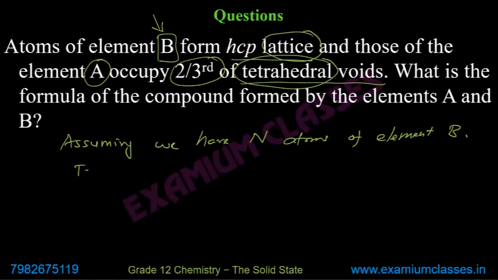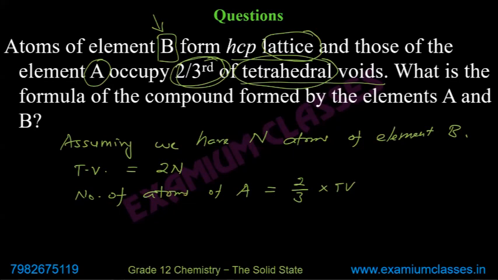Then tetrahedral voids will be 2n, but only 2/3 of these are occupied. It means the number of atoms of A will be 2/3 of tetrahedral voids, that is 2/3 of 2n.